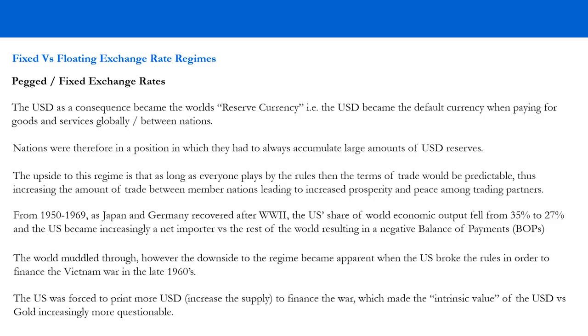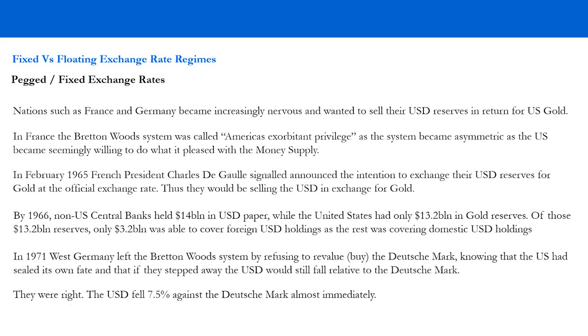And this made the intrinsic value of the US dollar versus gold increasingly more questionable. And nations such as France and Germany became really nervous and wanted to sell their US dollar reserves in return for US gold. And France themselves called the Bretton Woods system in the 60s America's exorbitant privilege, as the system became asymmetric because the US became seemingly willing to do whatever it pleased with the money supply because they were just printing more and more money.